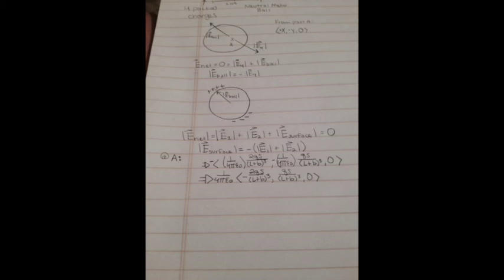And then when you distribute the negative through, and I pulled out the 1 over 4 pi epsilon naught, these are your x and y components.